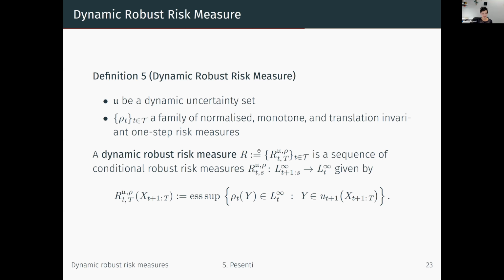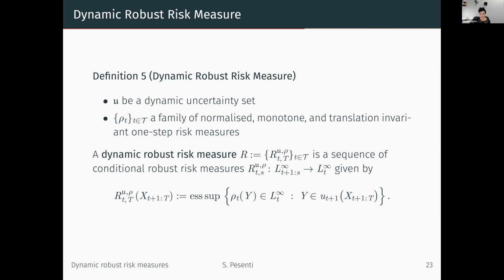So at time little t, this is an F_t measurable random variable and assesses the risk of the stochastic process going forward. And the way I do it, I look at the one-step risk measure, and Y here is now in my uncertainty set. So this is a definition of the worst case or robust dynamic risk measure that we have.